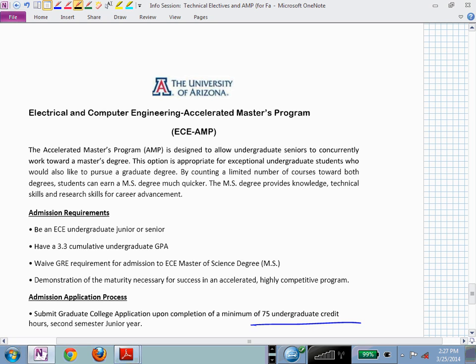You need to have 90 or more before you start taking these classes in the AMP. But another key is your cumulative undergrad GPA needs to be 3.3. If it's not there, then it's not going to work. Not that semester or not that time.